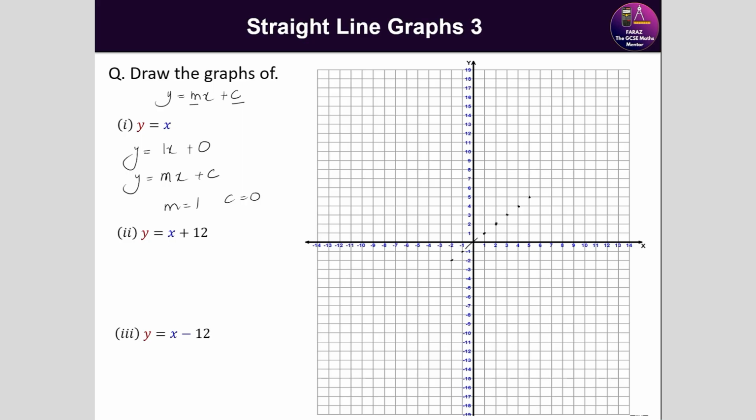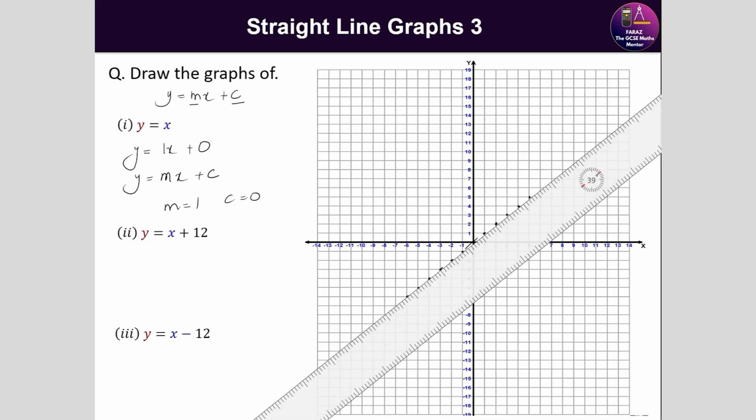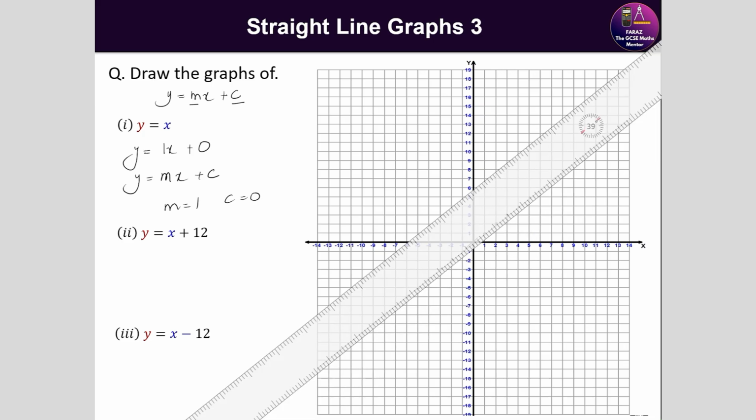As we know that y and x are equal, so minus 4, minus 4, minus 5, minus 5 in this way. And then we can easily plot a line, without the help of a table of values. So this line is y equals x.